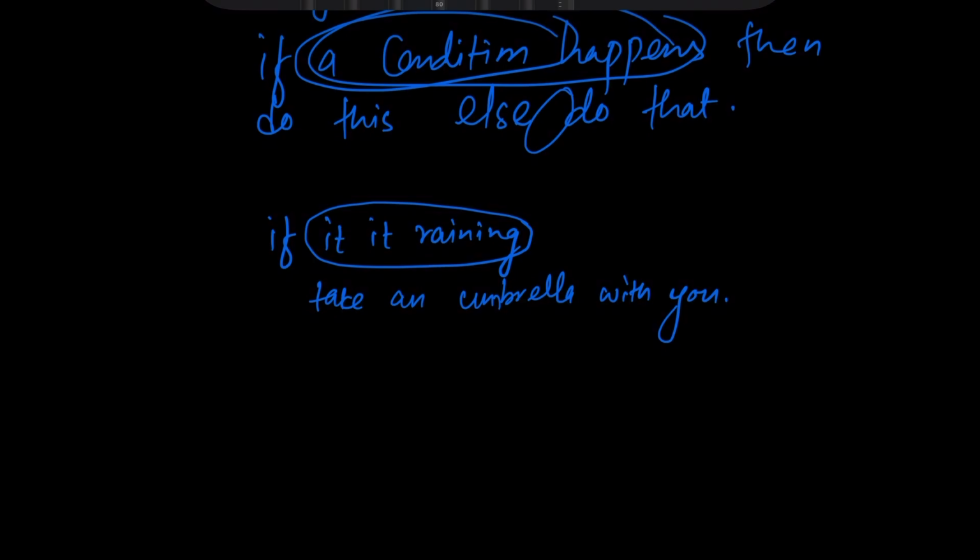So based on the condition we make decisions or we take actions. Else means if it is not raining, you don't have to take that umbrella with you. Let's go to the notebook and see how the if and else statement works.